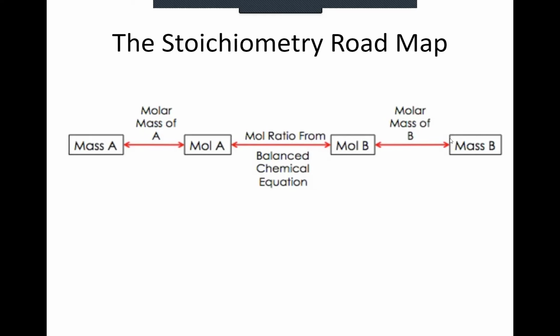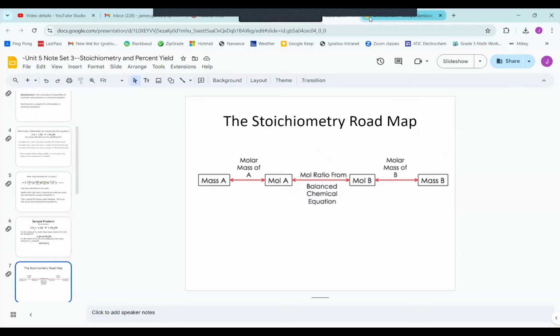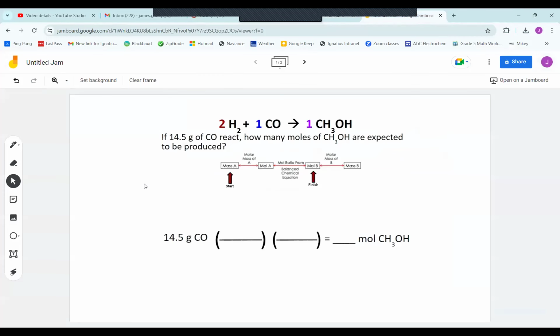And to do this, I'm going to navigate over to another app here called Jamboard. Here's our problem. Same balanced equation as before. If 14.5 grams of CO react, how many moles of CH3OH are expected to be produced?